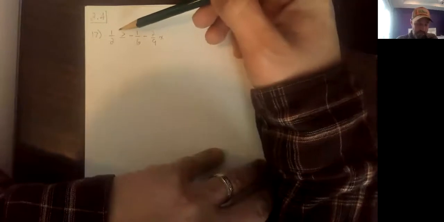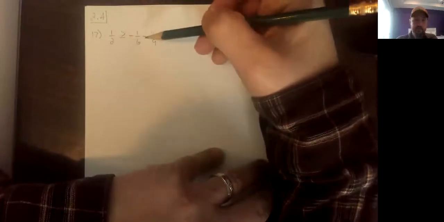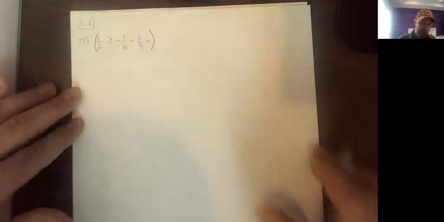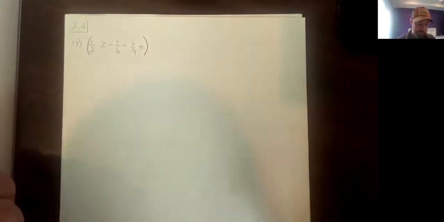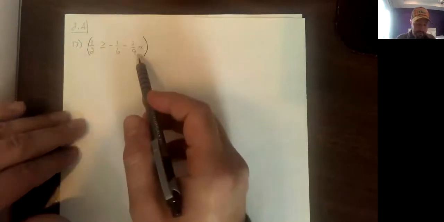This one's loaded with issues that people have. Many students dislike inequalities. They want something to just be equal. Many students hate fractions, and then many others hate negative numbers. So we got it all in this one. Now what I'm going to do first here is possibly eliminate the fraction.